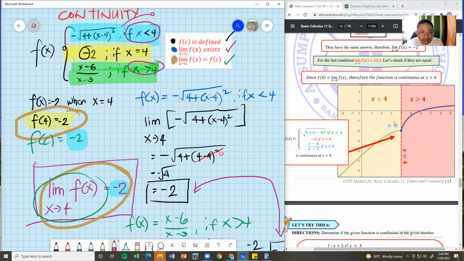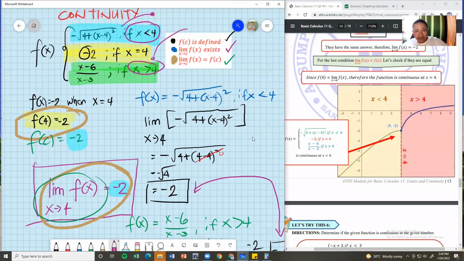And what made them continuous is the value of your f of x, which is -2. Kasi nung pinagdikit na sila, naging continuous sila. Ayun, nag-continuous yung dalawang functions because of that value. So yung value ni f of c, which is -2, yun ang nagdikit sa dalawang functions na may limits. Can you follow? Show me a reaction if that's clear to you. Gets po ba yan? Okay.